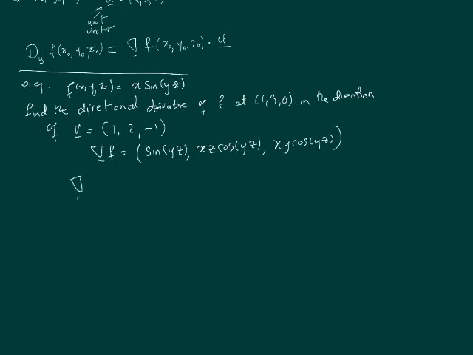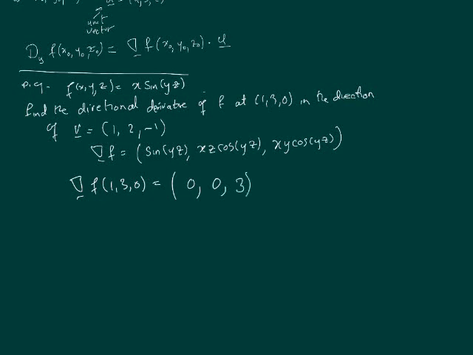Now let's move further. We'll calculate grad f at, of course, (1, 3, 0). So that means, essentially, x is 1, y is 3, z is 0 here, so sine of 0 is 0, cos of 0 is 1, but since z is 0, this is also 0, and here you'll have x times y is 3, and cos 0 is 1, so you end up with (0, 0, 3).